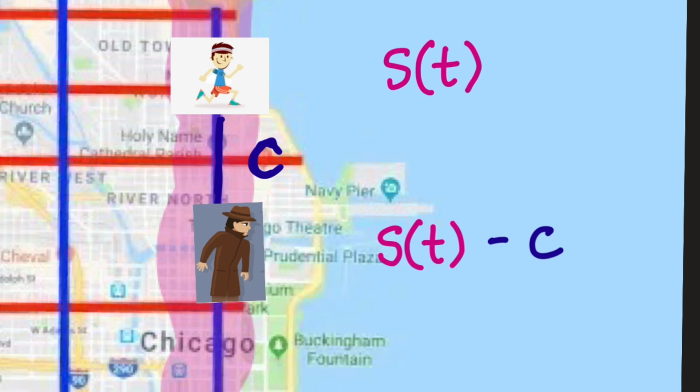The moral here is, two people run with exactly the same velocity if and only if their position functions differ by a constant. This constant is exactly the distance between their starting points.